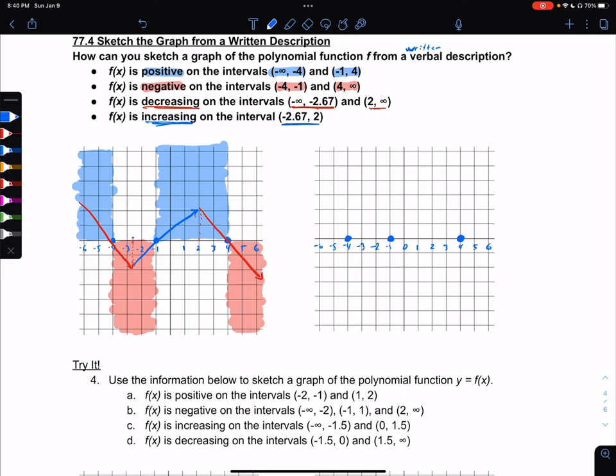We know that the graph is going to go through these x-intercepts. It's going to decrease, then it'll increase, and then it'll decrease. And it's going to look something like this. So this would be my sketch.